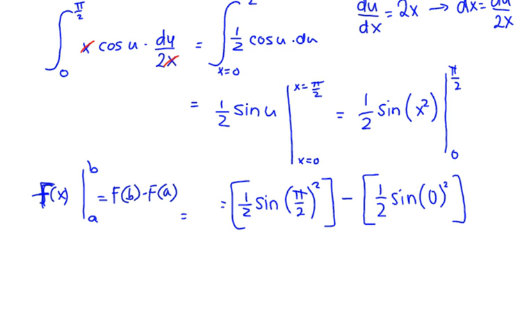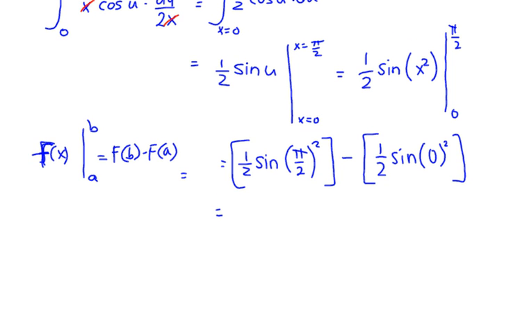What is sine of 0? 0. So guess what happens to this whole puppy? Gone. So our final answer is 1/2 sine of pi squared over 4, if you like. Or you can actually put that in your calculator, get your decimal.